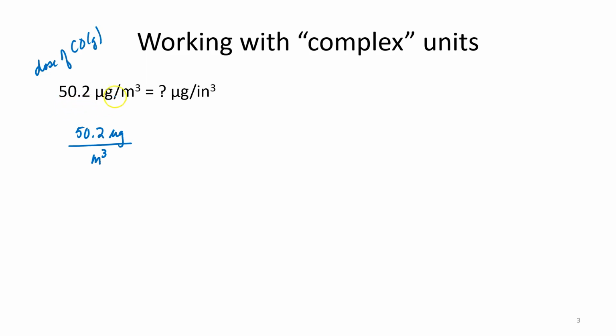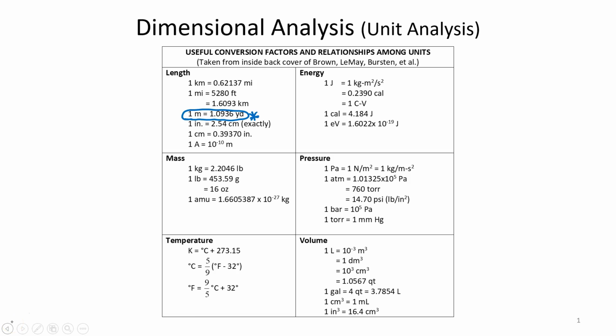So, this is the maximum mass of carbon monoxide per cubic meter I think that a person should be exposed to. So again, we're worried about going from cubic meters into cubic inches.